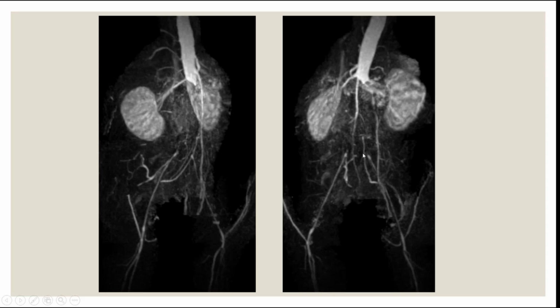So there is an obstruction of the abdominal aorta near the level of the kidneys. Can you see it?